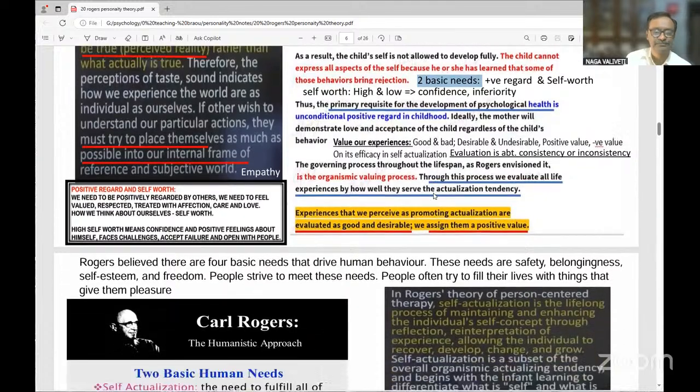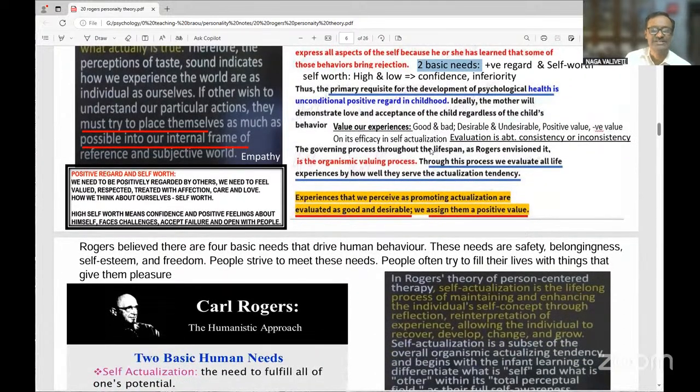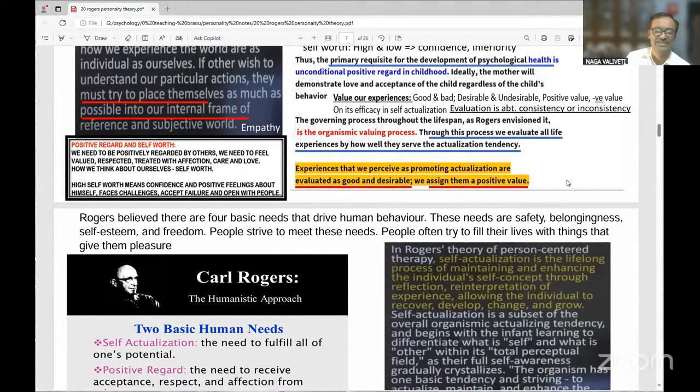Okay. So from this experience we create good or bad, desirable, undesirable, positive. All these polarities are coming. Evaluation ultimately creates what type of person you are, what is your ideal self, what you want to achieve in your life, where you are now vis-a-vis the ideal person, what you want to be, what are your psychological and physiological needs you want to achieve, what importance you are giving.